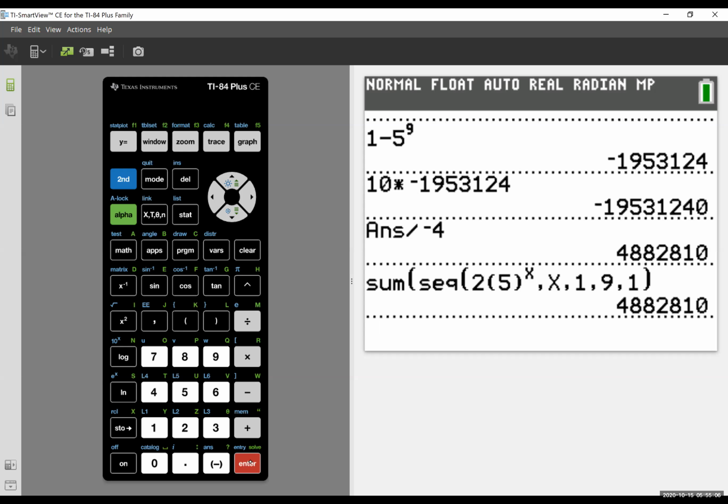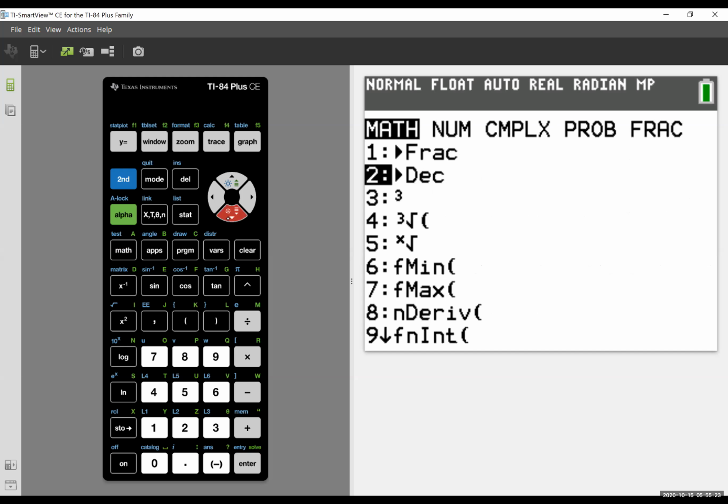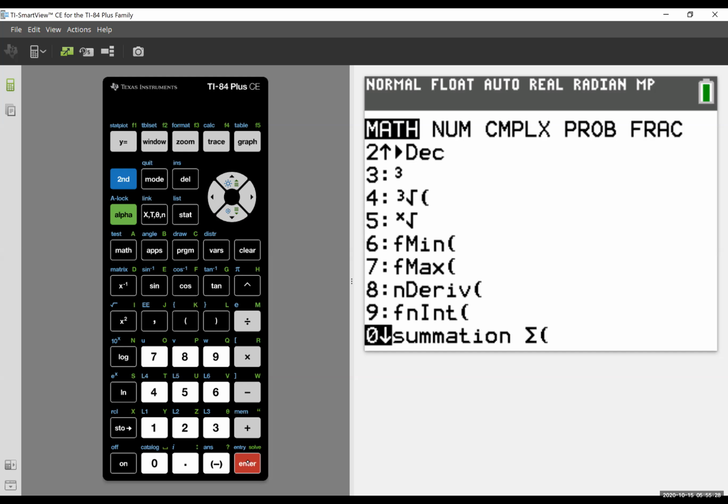It's nice in college algebra. However, the formula will come back to you eventually. So might as well kind of play around with it a little bit. Also, if you were interested, if you had your notation in your calculator already, you can go straight to math, and we could actually go to summation notation. That's item number 0.